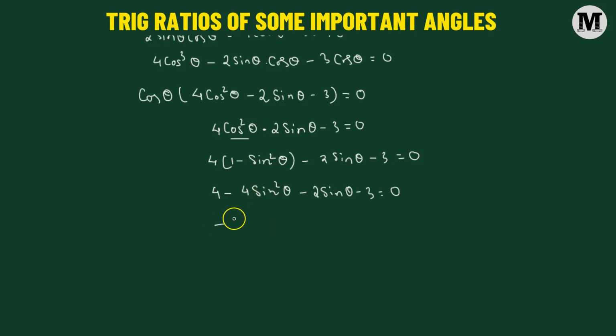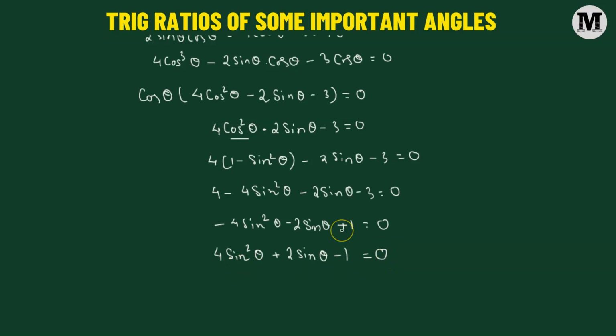So we get negative 4 sine squared theta minus 2 sine theta, and 4 minus 3, that will be positive 1. Let's multiply throughout by negative 1 to get 4 times sine squared theta plus 2 times sine of angle theta minus 1 equals to 0.